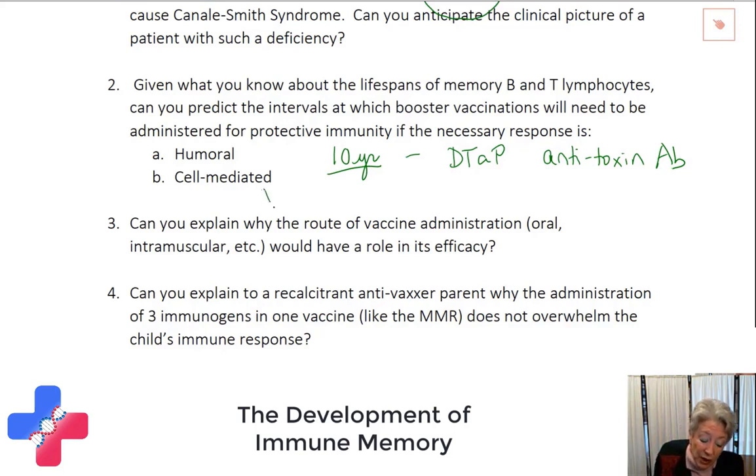In the case of cell-mediated immune response, it is a much longer issue because my memory T cells, if you recall, are said to last a lifetime. But my classic example here is the difference between the initial vaccination against chickenpox versus the booster that the elderly receive for shingles. Okay, same virus.